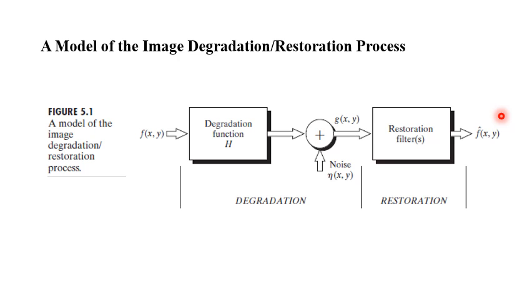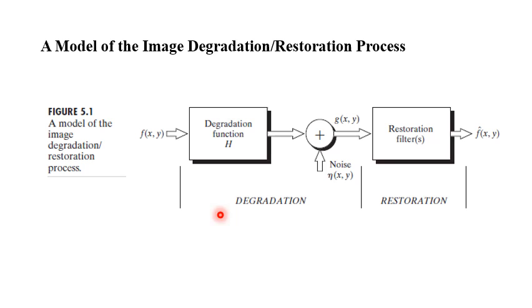I'll repeat here: the image in hand which is given to you is g of x comma y, the degraded image. As we want to do image restoration, we should have a priori information about how the original image might have been degraded, which is given by the degradation function h.